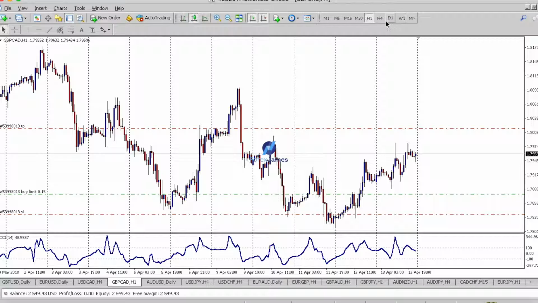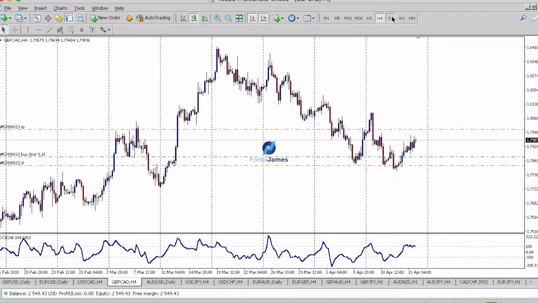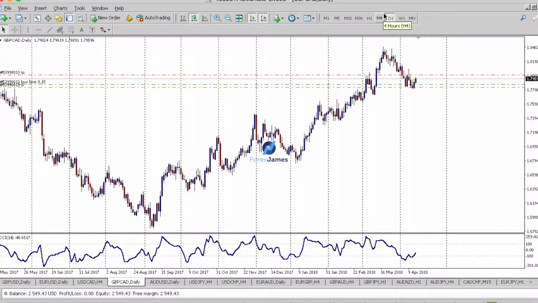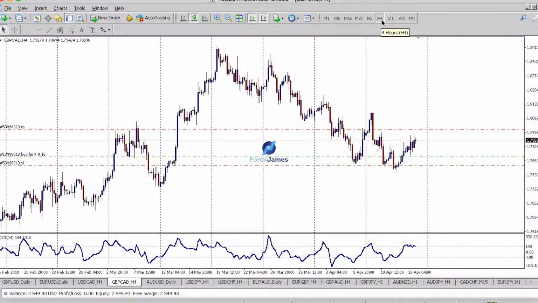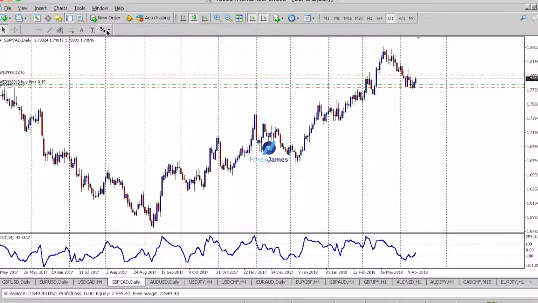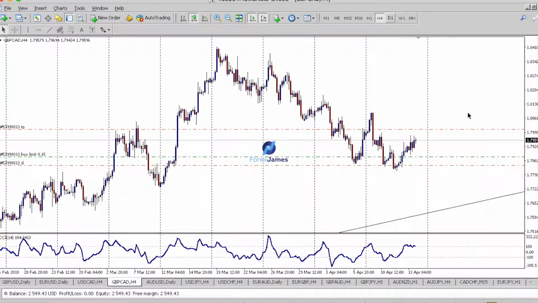Pound CAD, probably similar. This is my bias is to the upside here. So we're gonna look for longs.